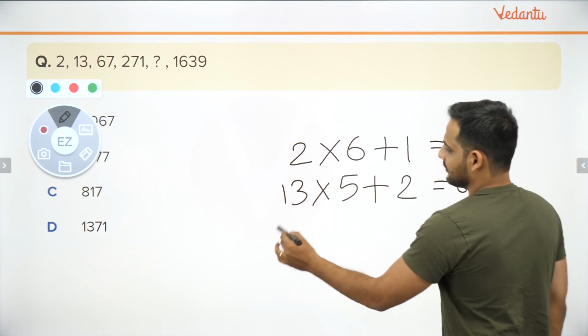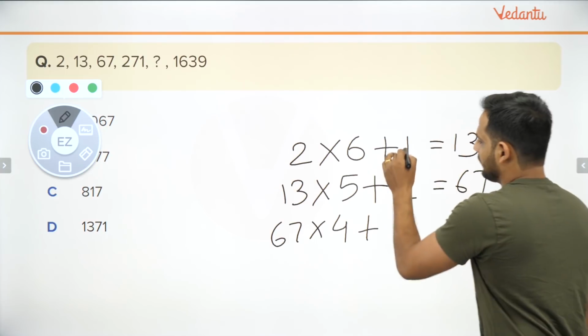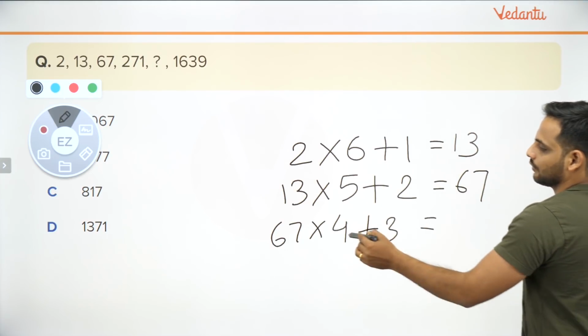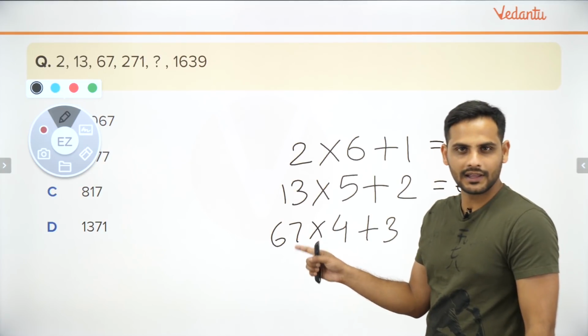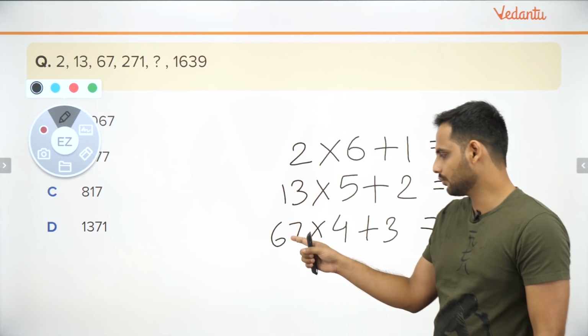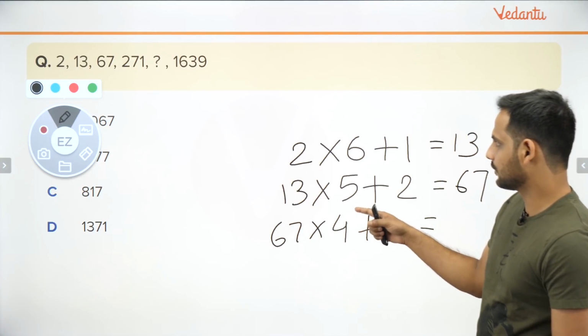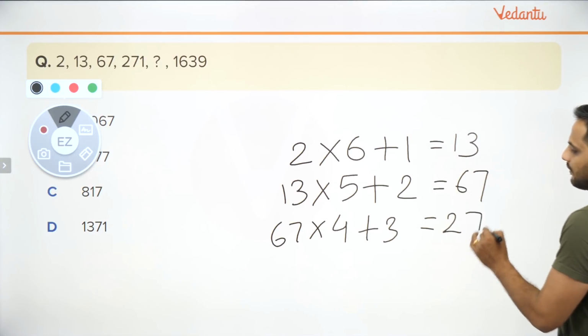So the next will be 67 into 4, and plus 3. 67 into 4, what will we get? 4 sevens are 28, carry 2, 24, 25, 26, so 268. So 268 plus 3 will be equal to 271.